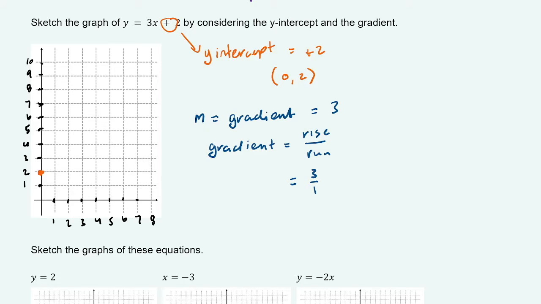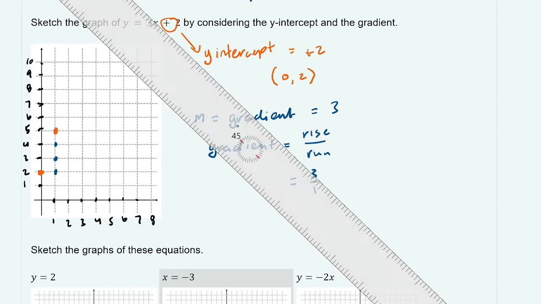So from this information, we can see that for every one step across, so one run across, I have to rise 3. So if I come across to here, that's my one step across, that little blue dot. And then I go 1, 2, 3. There's my 3 steps up. That is all I need to be able to draw my line.